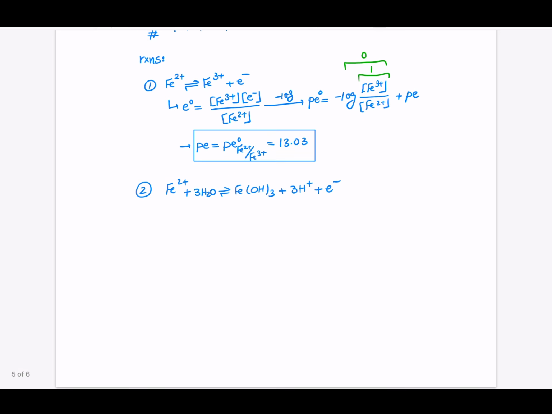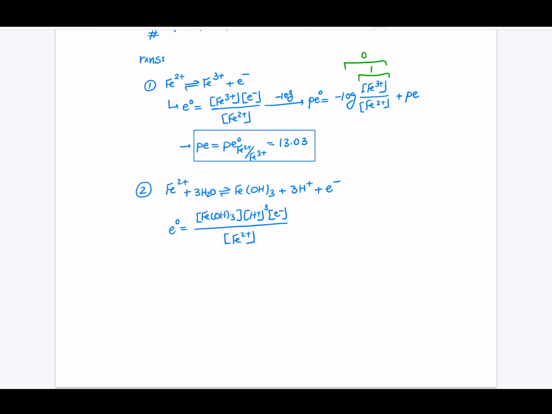And now this is basically a standard reaction written in the standard way. So we basically can use this E0, which would be FeOH3 times proton to the power of 3 times electron divided by Fe2+.